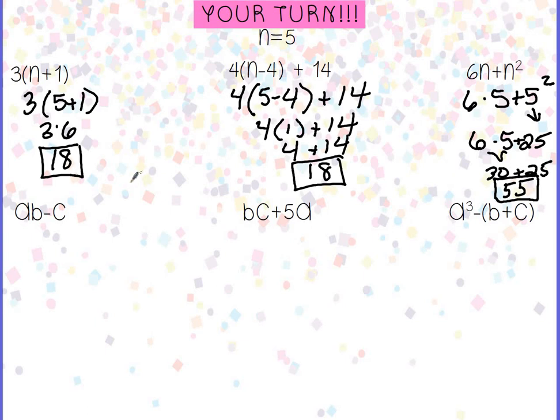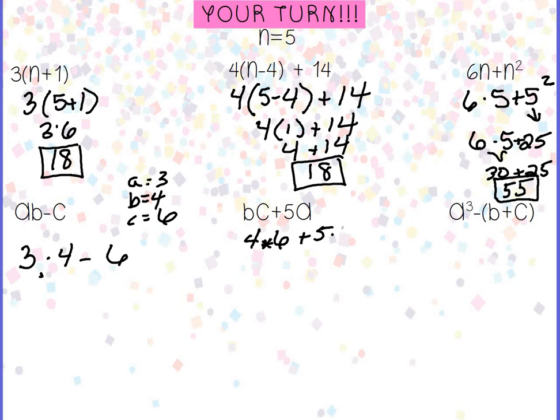All right, and then again, remember it's A equals 3, B equals 4, C equals 6. So I have 3 times 4 minus 6, and then I would have 4 times 6 plus 5 times 3. Here I have 3 cubed minus 4 plus 6.